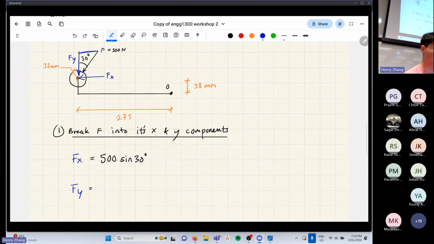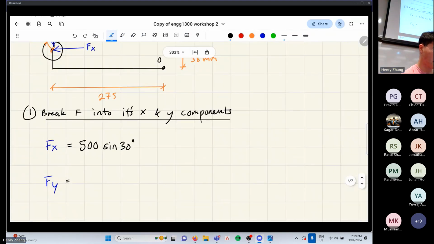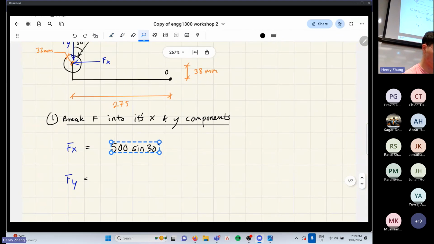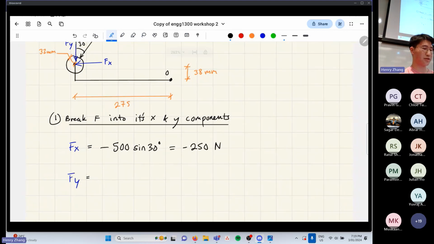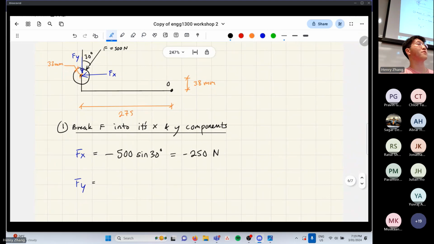It's sine because it's the opposite of the 30 degrees, which is horizontal over there. I should also make that negative, my bad, because it's going left. Because I've drawn the arrow left, maybe I should just do this. Yeah, that's basically what we're talking about.